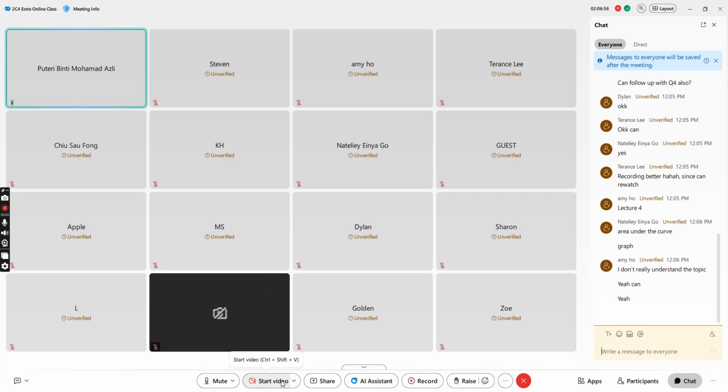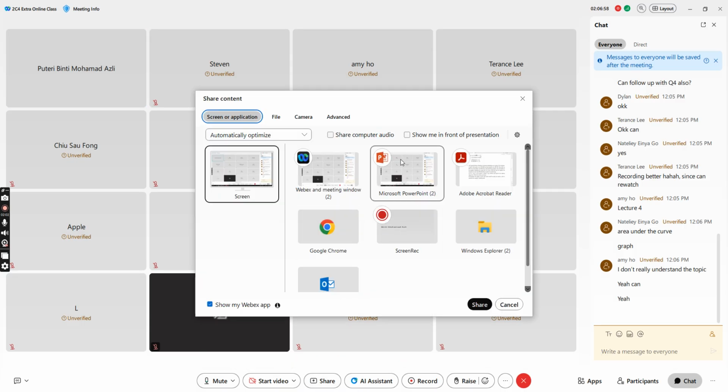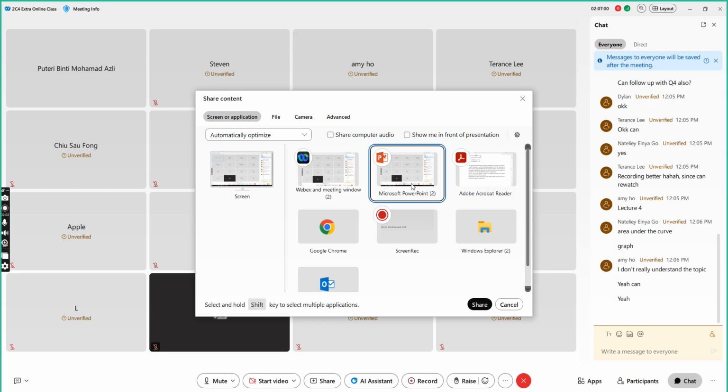Okay, for area under the curve. Of course here, I won't go through the integration.